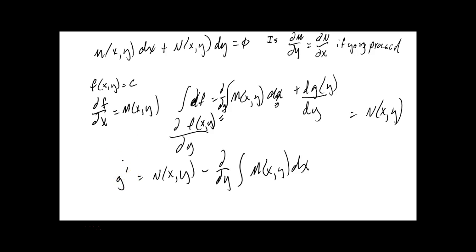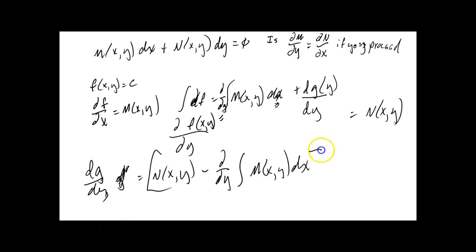I don't know why they threw in the g prime when it says integrate that, which means, right, this is dg dy, which we had to begin with. Would it be g prime of y? It's g prime of y, but let's call it dg dy. That's a better thing.